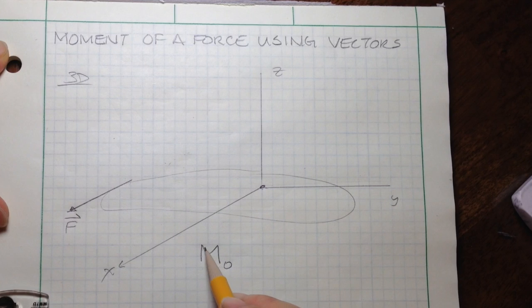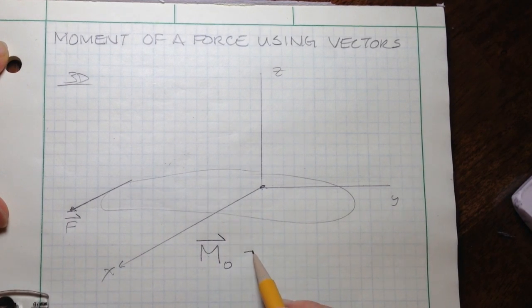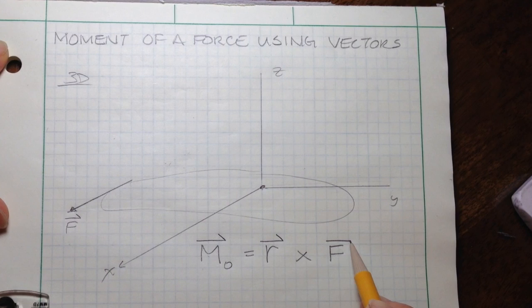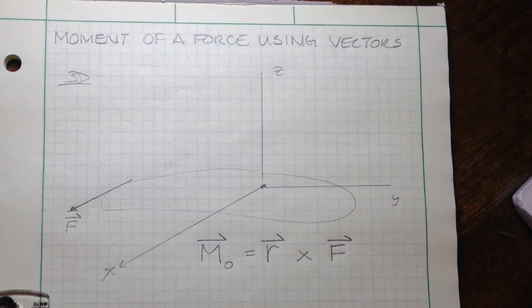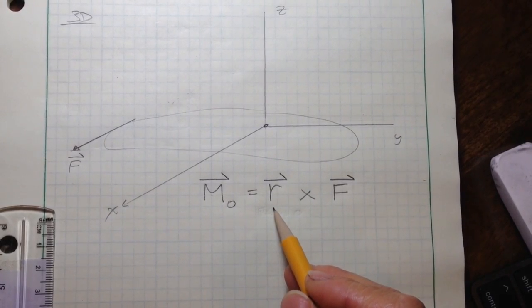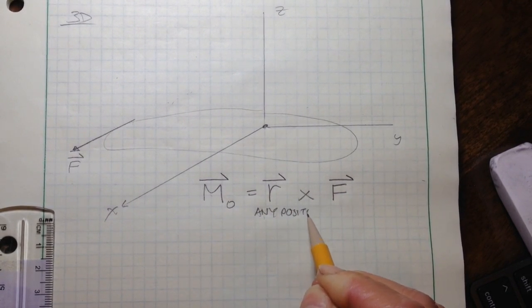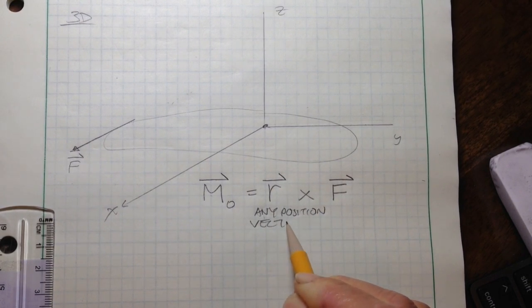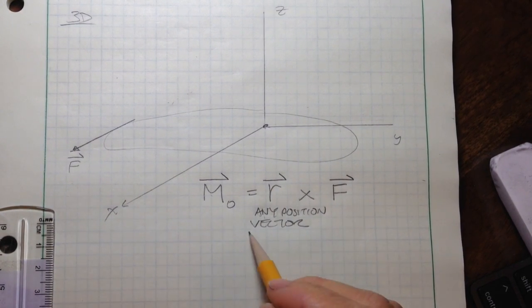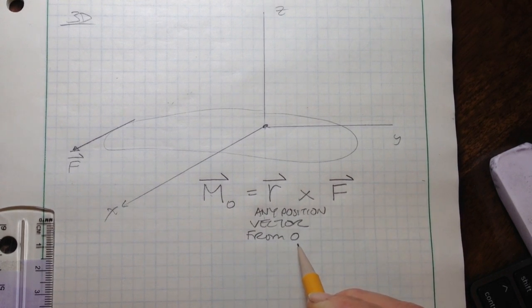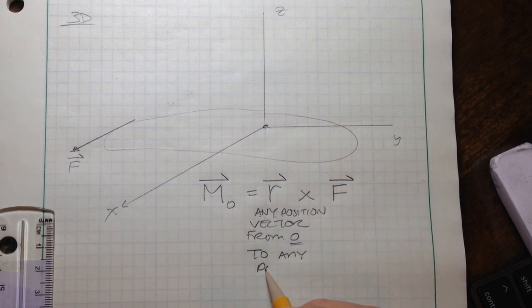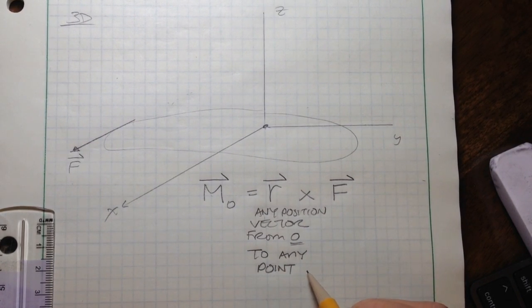The moment about O is a vector determined by a position vector r, and you cross it with the force vector F. This position vector is any position vector from O to any point on the line of action of F.